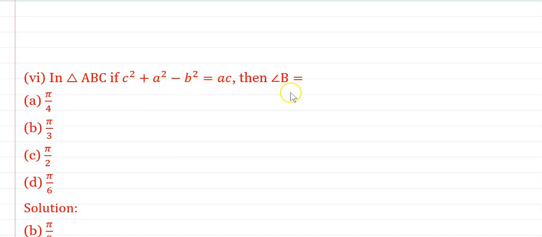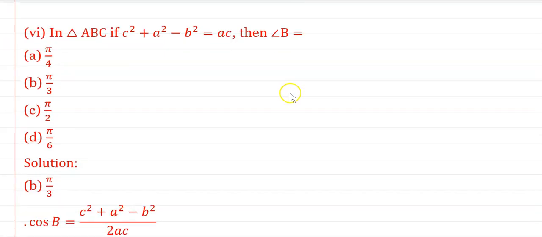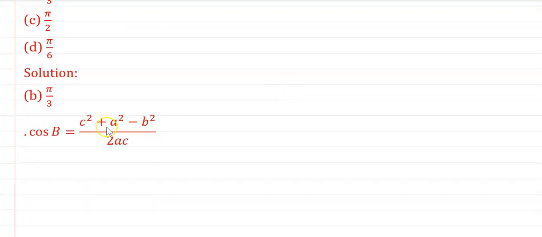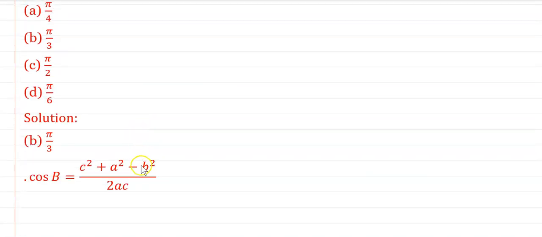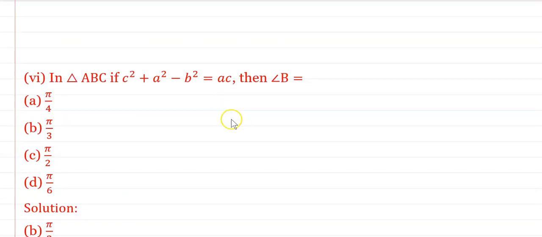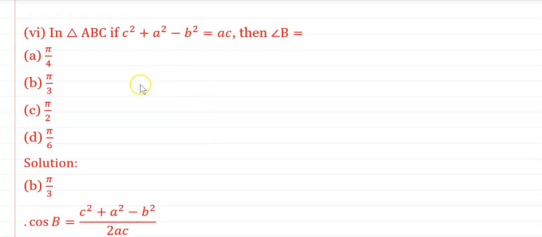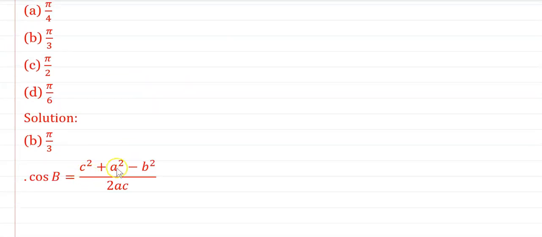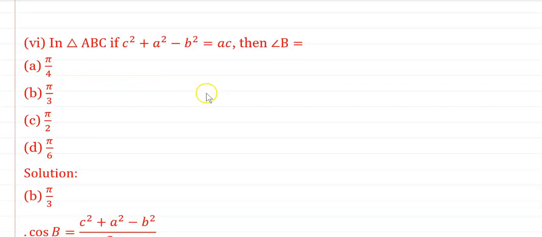Next, in triangle ABC, if c square plus a square minus b square is equal to ac, then angle B is, okay, and here we will apply the cosine rule. What is the cosine rule? Cos of B is equal to c square plus a square minus b square upon 2ac. Okay, we applied the cosine rule and substitute the value. What is the value of c square plus a square minus b square? It is ac.